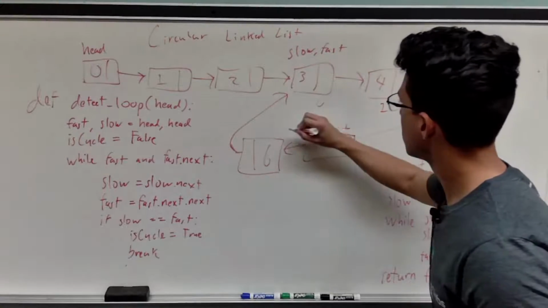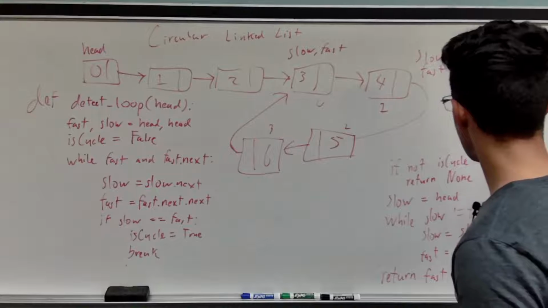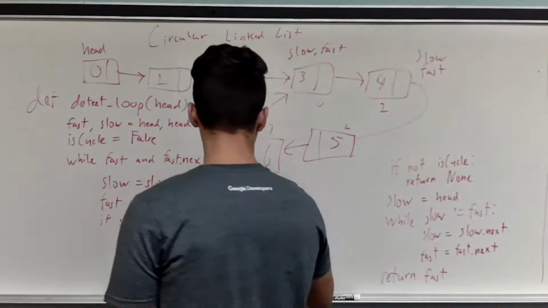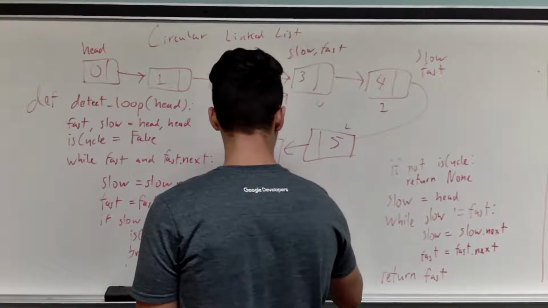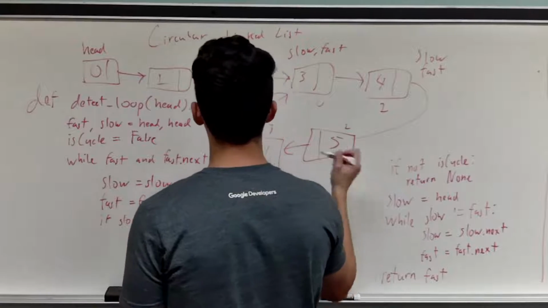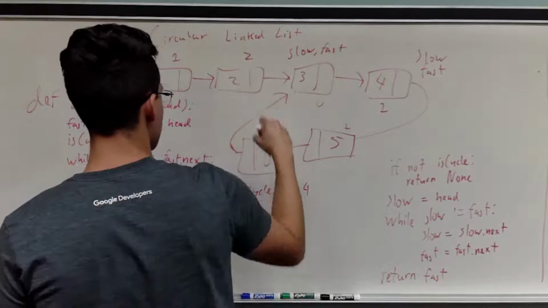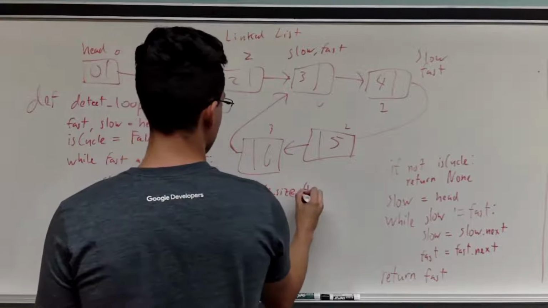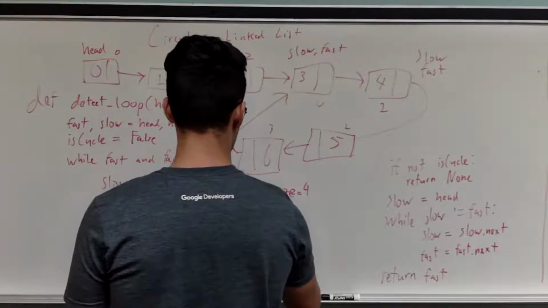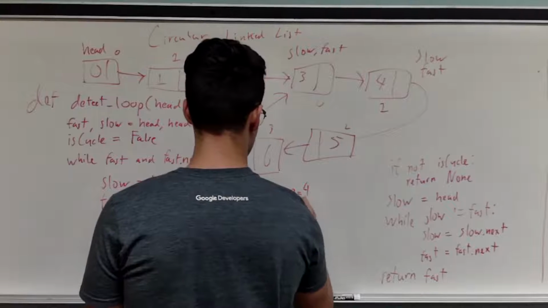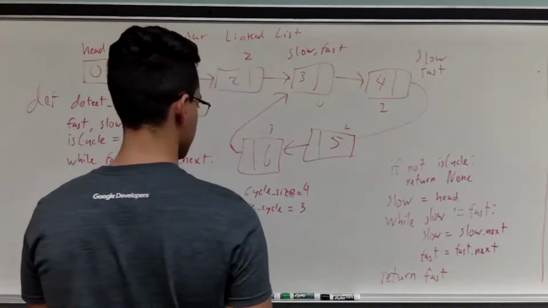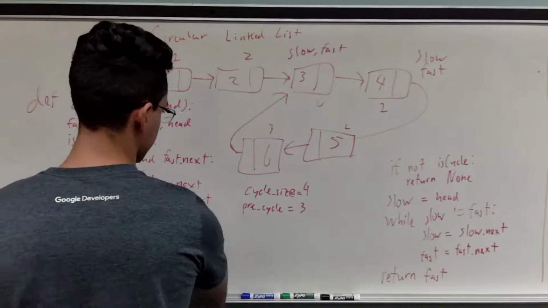The size of the cycle equals 4, and we zero index 1, 2, pre-cycle size equals 3.